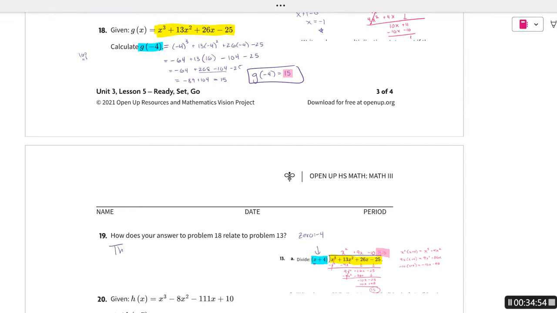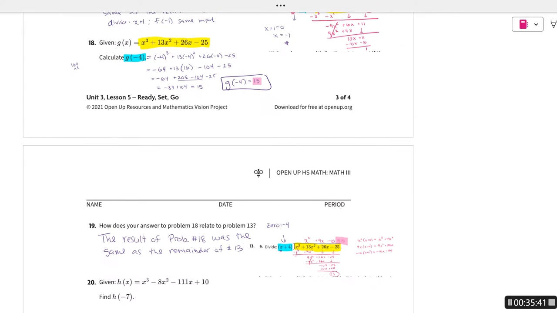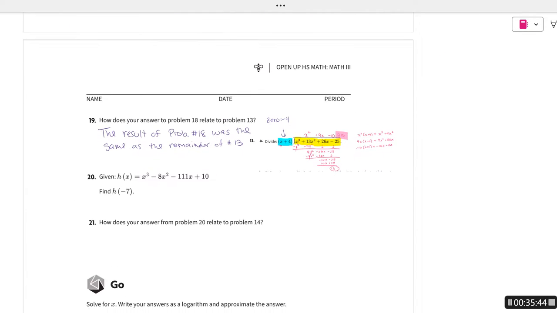So the result of problem 18 was the same as the remainder in number 13, since we have those commonalities: we were dividing by x plus 4, and we're inputting negative 4, so we're inputting the 0 from there, and the equation matched the equation we were given as our numerator there. Okay, let's go to question 20.